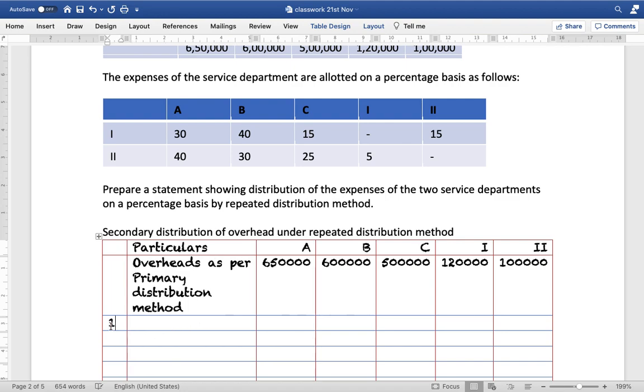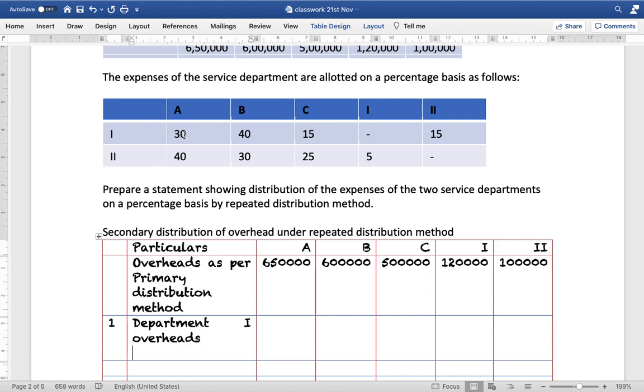So first one, department 1 expenses overheads. So it will be apportioned to other departments in the ratio of 30:40:15:15.